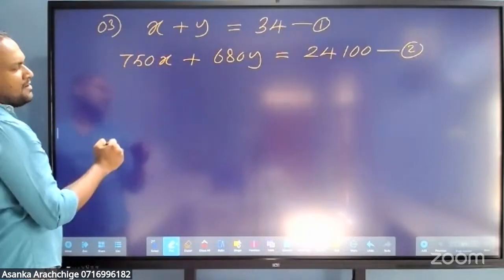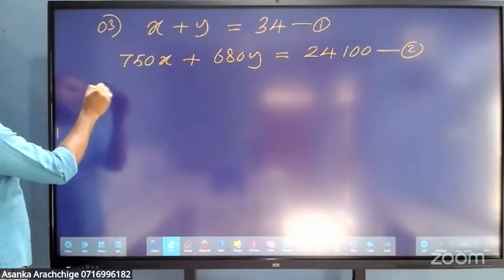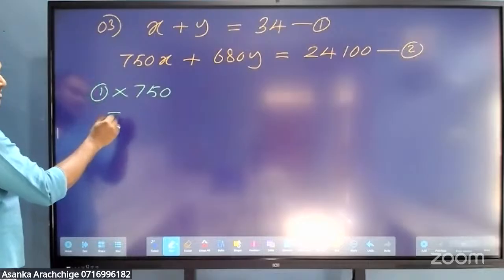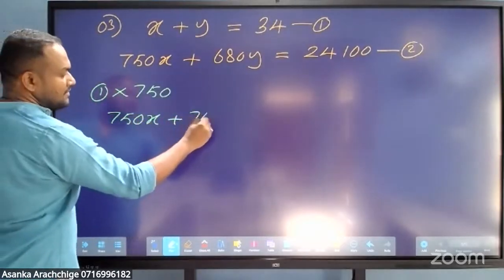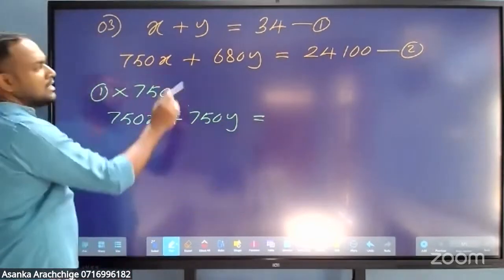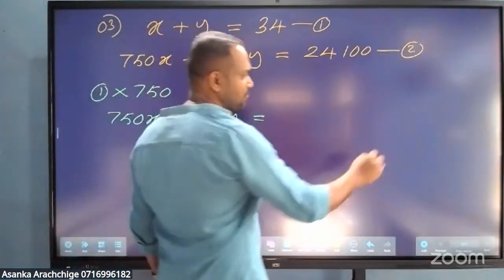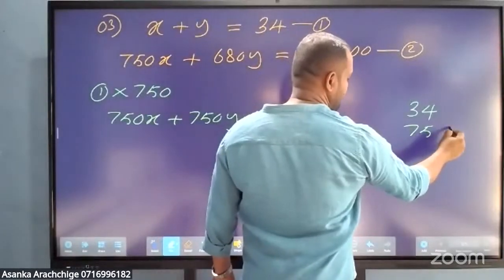Then I multiply the first equation by 750. Then 750x plus 750y must be equal to, multiply 34 by 750.